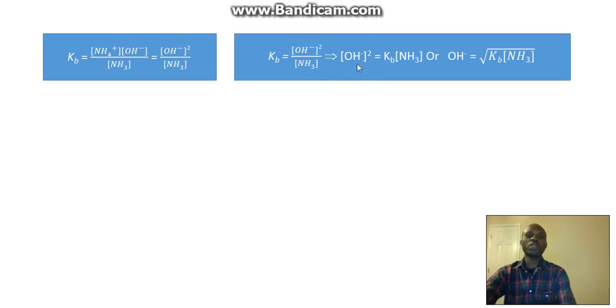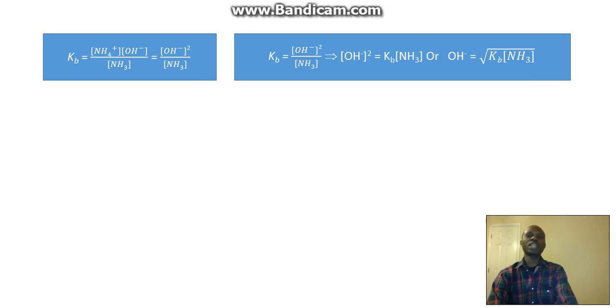We play around with this. We see that if we multiply both sides by the ammonia, the concentration of OH squared is equal to Kb times the concentration of ammonia. So the concentration of OH is equal to the square root of Kb times the concentration of ammonia. What does this mean?